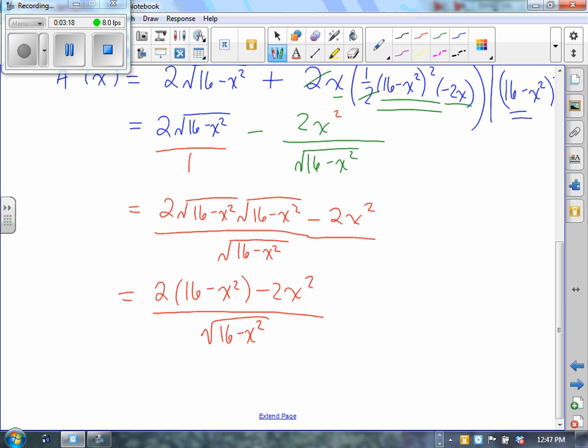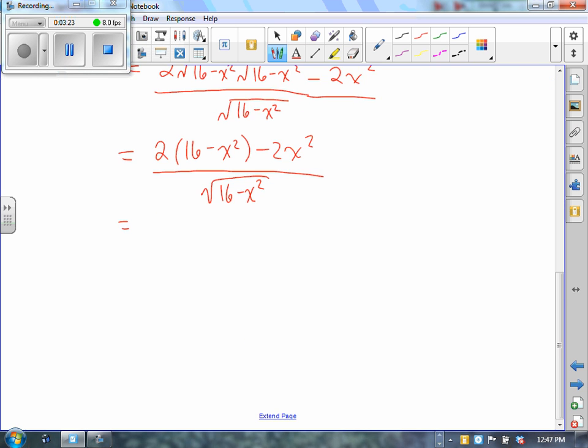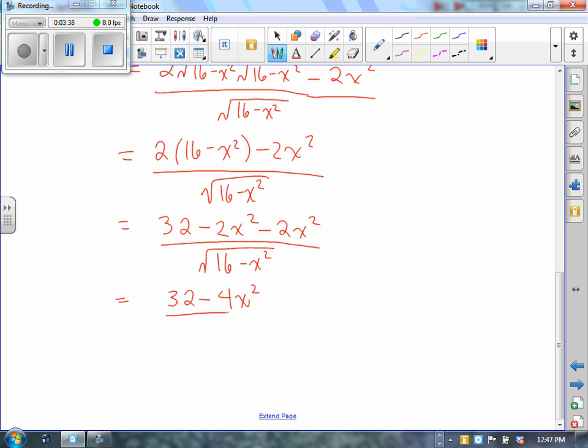So if we go through the top, we're going to have 32 minus 2x squared minus 2x squared, all over the root of 16 minus x squared. And at the end of the day, 32 minus 4x squared over the root of 16 minus x squared. This is A prime at x simplified.